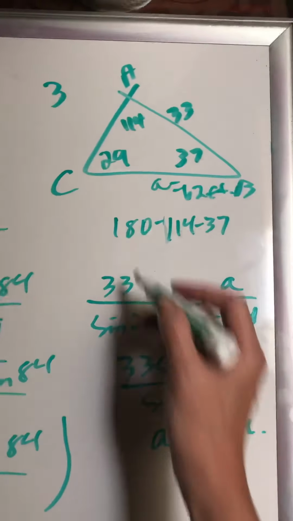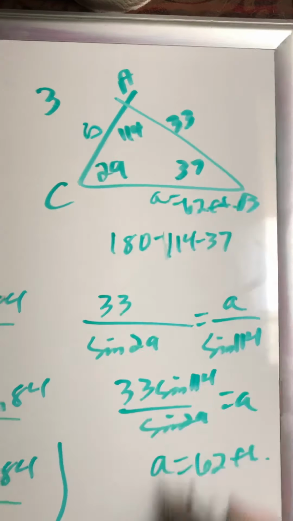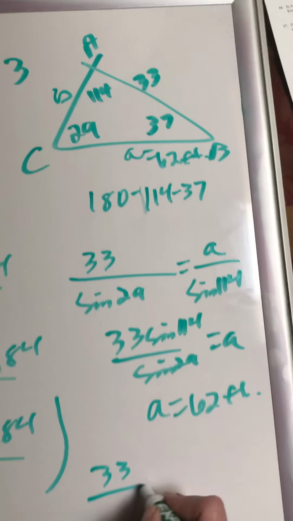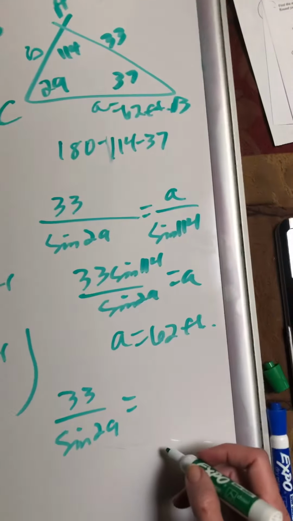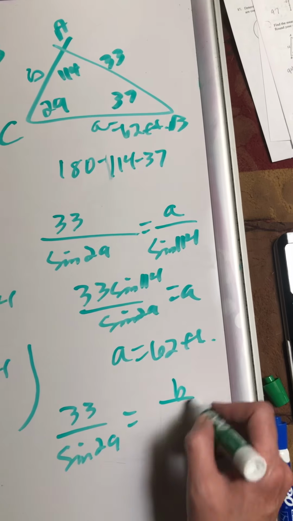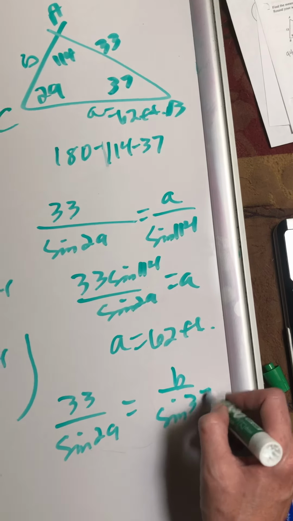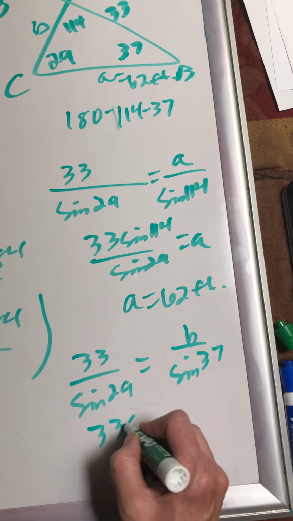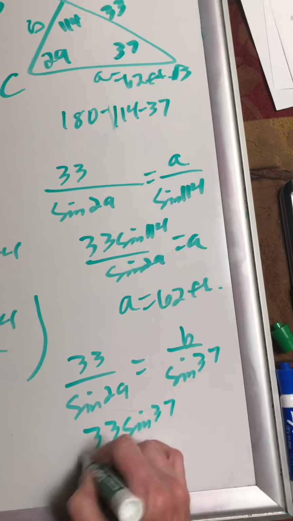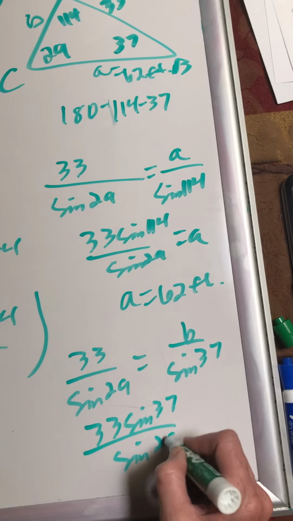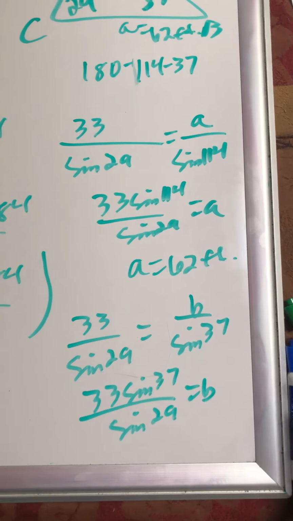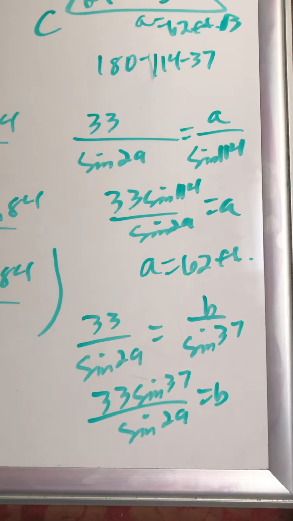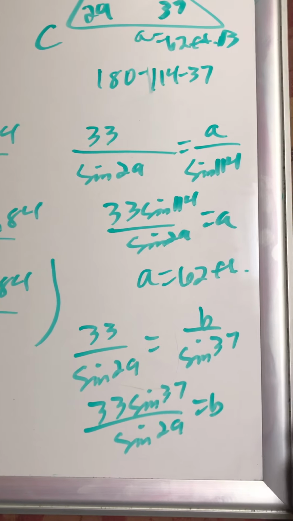So then I set up for side B, and I use 33 over sine 29 again, because those are opposites, 33 and 29. And then side B over sine 37. So then 33 sine 37 over sine 29 is B, and I type that in the calculator. 33 sine 37, close parentheses, divided by sine 29.